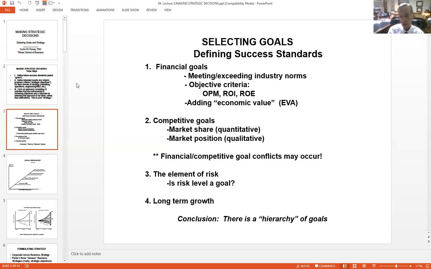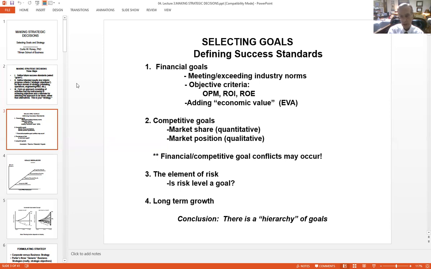At the other extreme, level 4 on this chart, is the possibility that we've really succeeded, that our financial goals and competitive goals are being achieved, but the industry is growing old and mature.